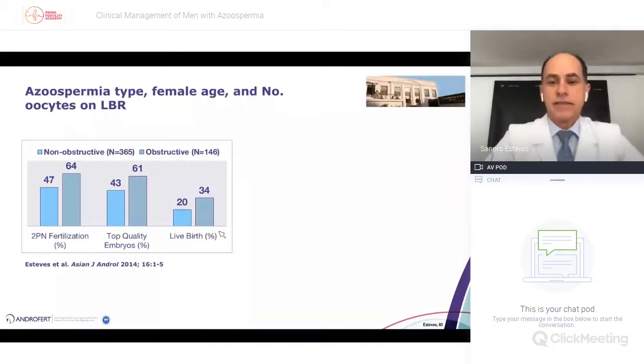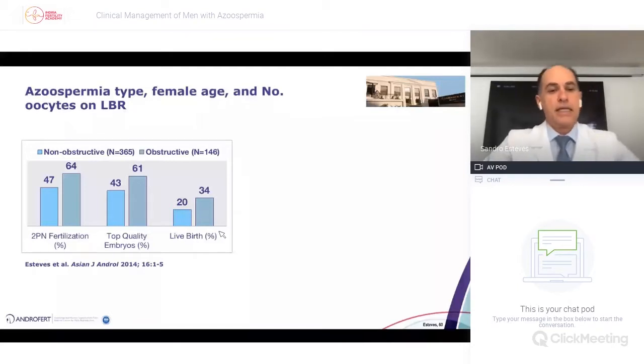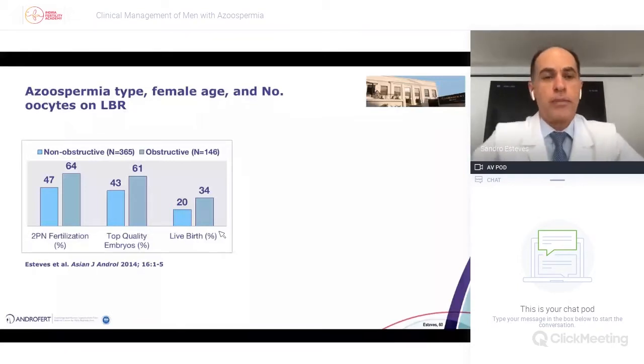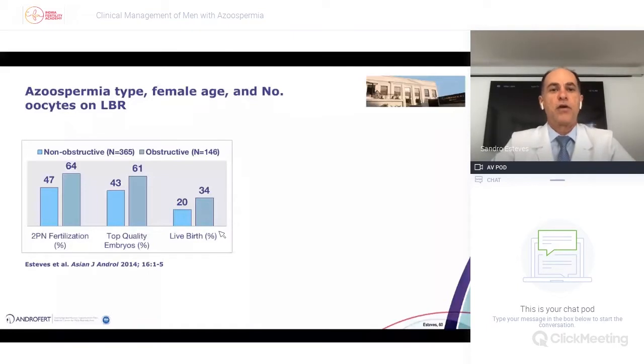One important thing to consider when we look at patients with azoospermia is that ICSI outcomes will depend on the type of azoospermia, the female age, and the number of oocytes retrieved. In this paper we published in 2014, we compared ICSI outcomes in patients with non-obstructive azoospermia to patients with obstructive azoospermia, and we found that ICSI outcomes, as expected, were significantly higher in patients with obstructive azoospermia.